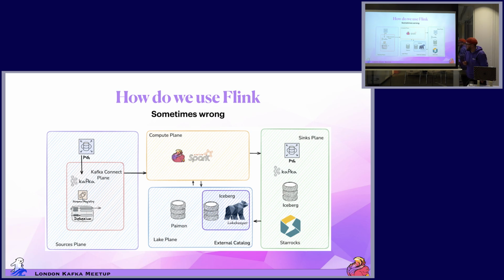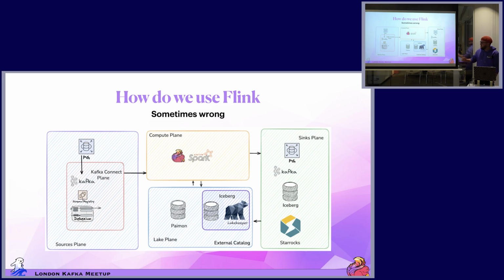Okay, so let's imagine that it's Trino. But basically, you just use some clever federation to query your lake plane, and it just works. So this is the architecture that we run at Fresha.